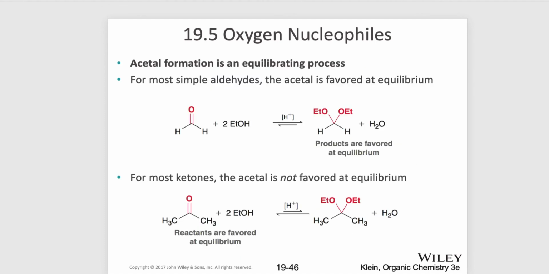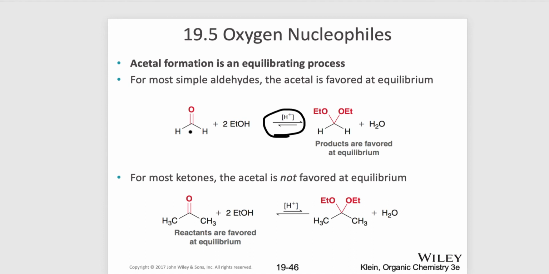On the next slide, we have the acetal formation description, which is really, it's always an equilibrium. In this case, we can skew it in one way or the other.